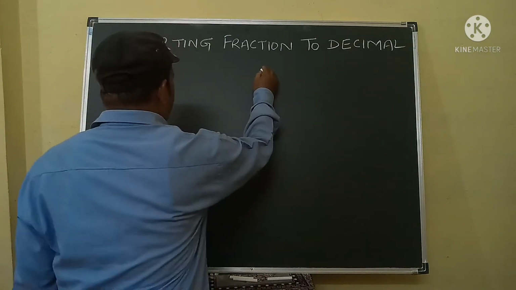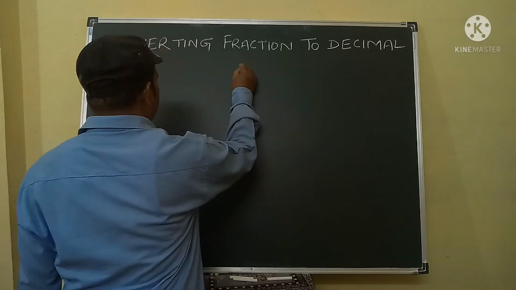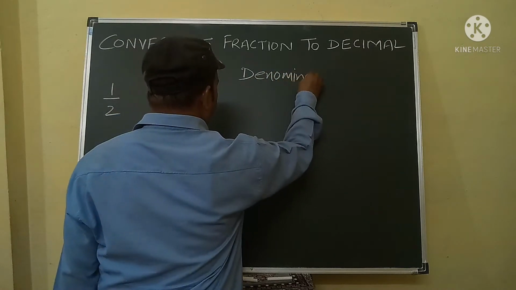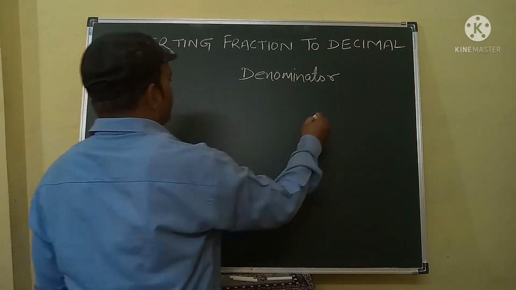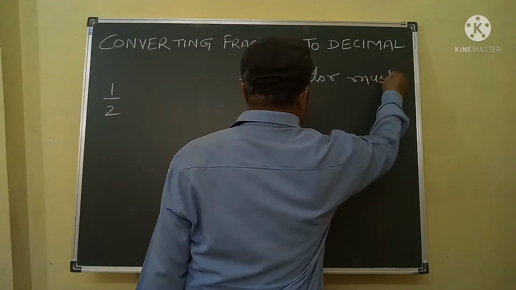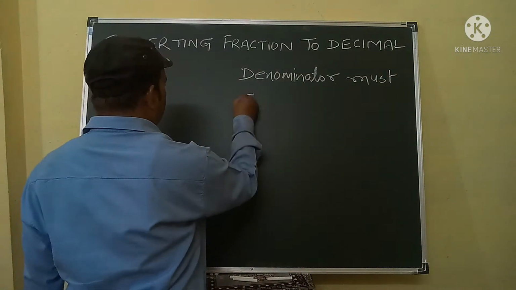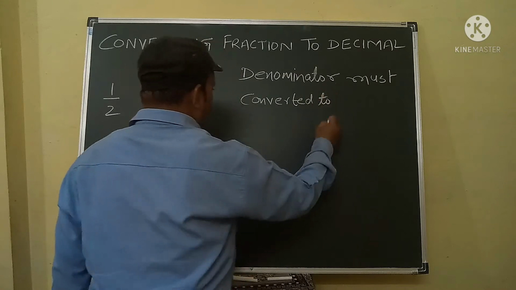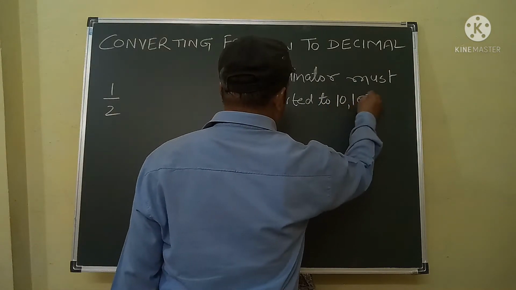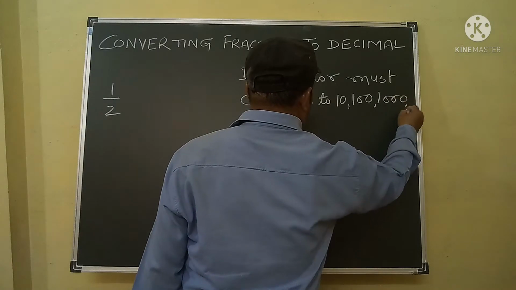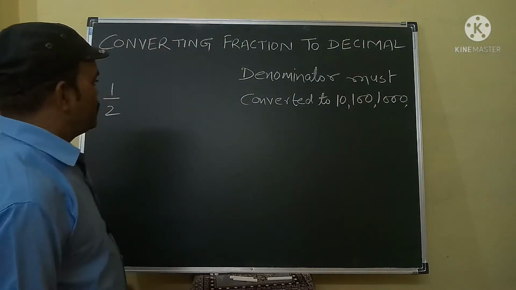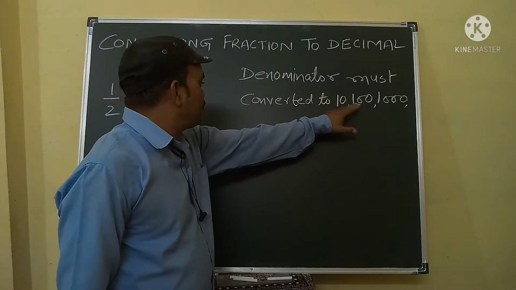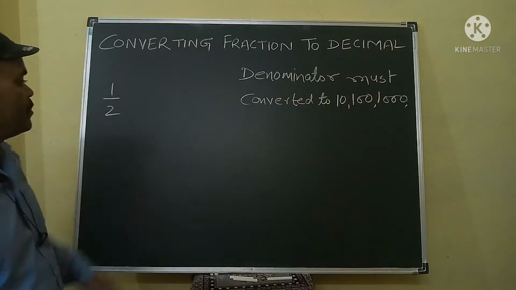Now look here, the denominator must be converted to 10, 100, 1000 and so on.